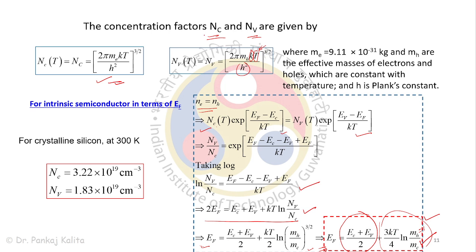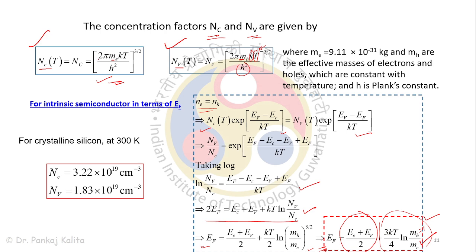These concentration factors Nc and Nv are given by these two formulas, and you have to remember them because they will be used again and again. For the conduction band we are talking about the mass of the electron, and for the valence band we are talking about the mass of holes.